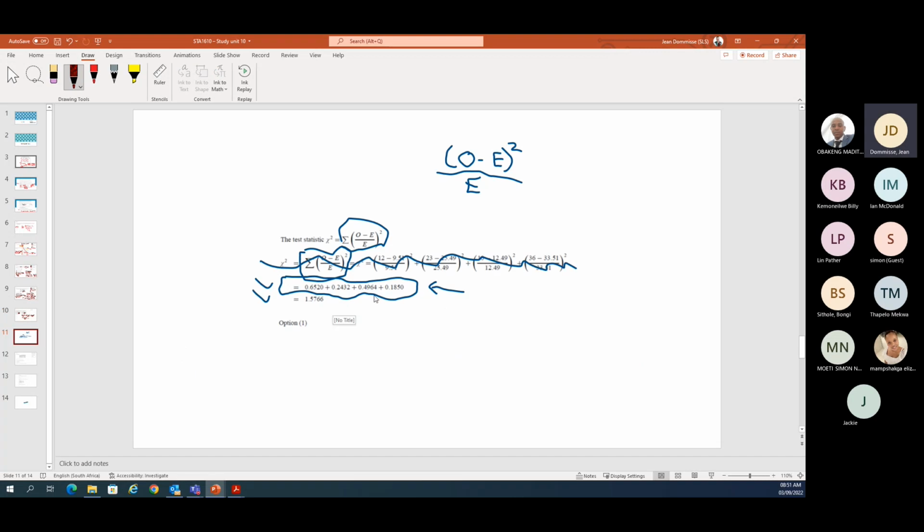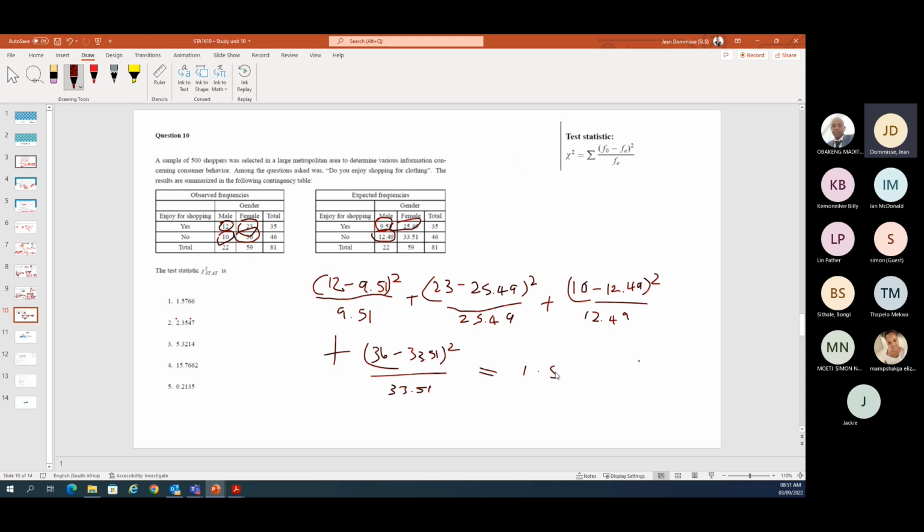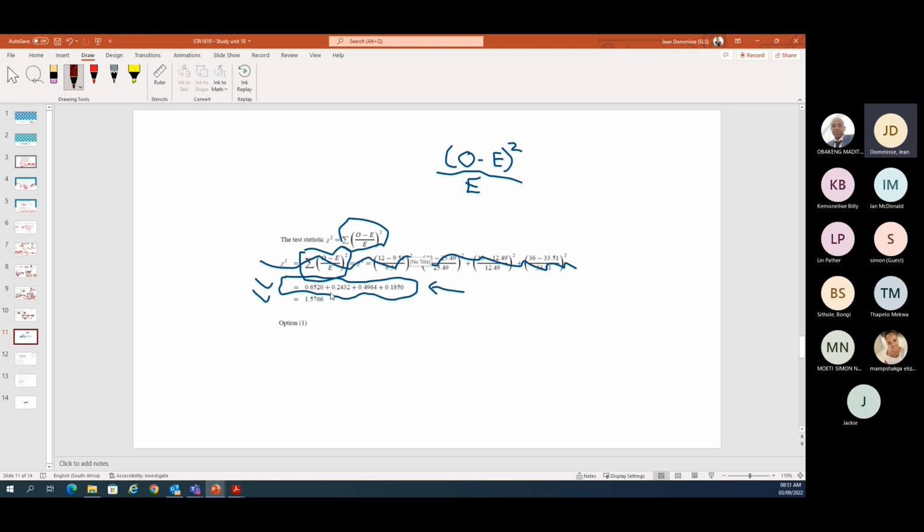okay, so here it is, it actually gives you the answer of 1.5766. What I've done, and this is also out of your study guide, because they used the wrong formula, that is wrong, but your answer is still correct.